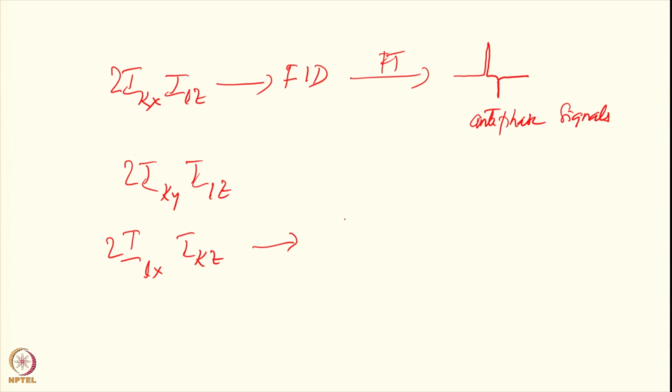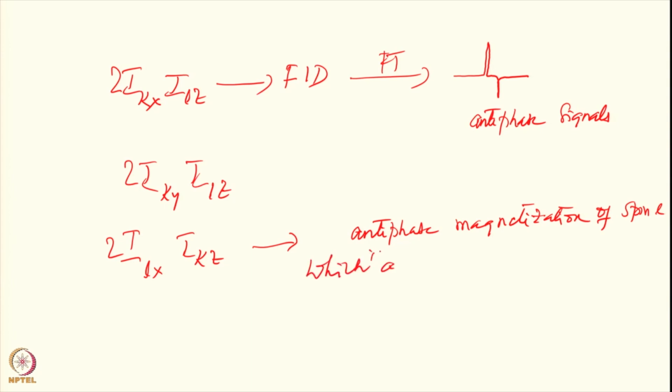We will get the same sort of term, but this is antiphase magnetization of spin L, which is antiphase with respect to spin K. The Kz indicates that it is with respect to spin K, and Lx means it is X magnetization. This is X antiphase magnetization.